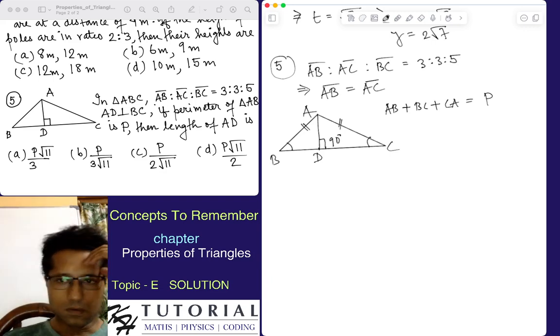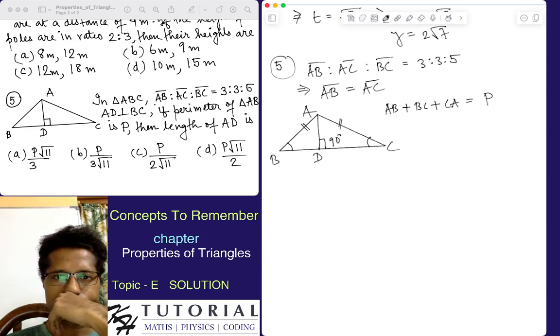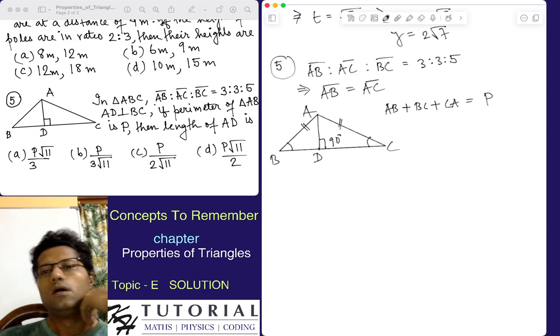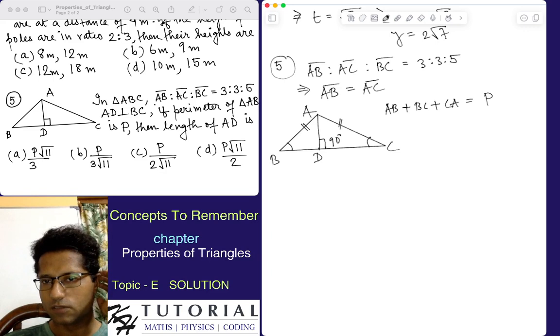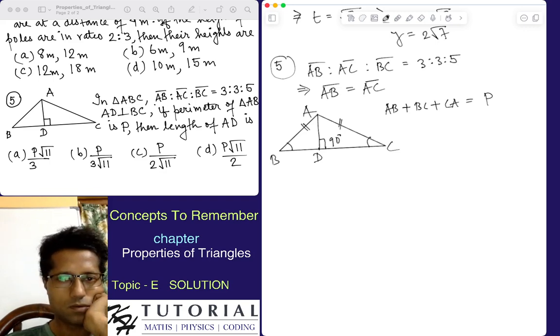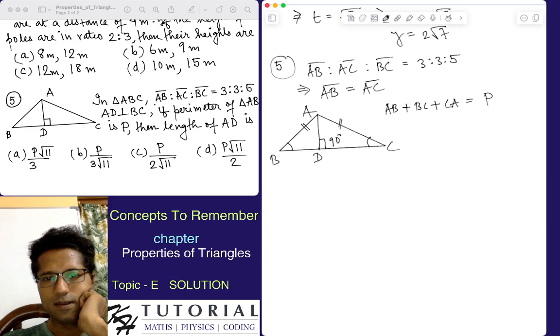Now we also see that the ratio of the lengths of the sides is given, and we also know that the sum of the lengths of the sides is given, that is P, the perimeter. So from here we can find AB and AC and BC in terms of P. Now this angle is equal to this angle, angle B is equal to angle C, because AB is equal to AC from the given ratio.